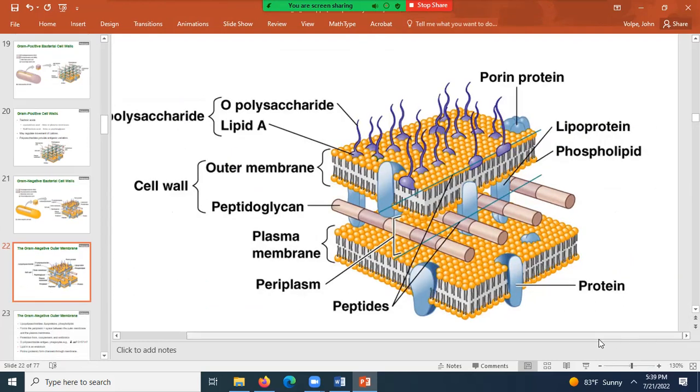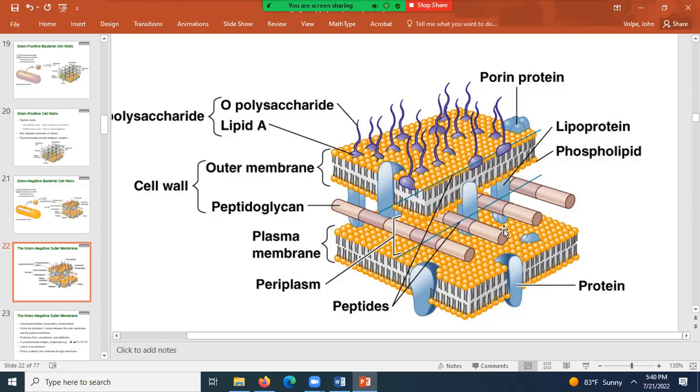Let's talk about a few other molecules you can find in the gram-negative cell wall. You can find a lipoprotein. And this lipoprotein will have a portion inside the cell wall, and then a portion either in the outer membrane of the cell wall or in the cell membrane.